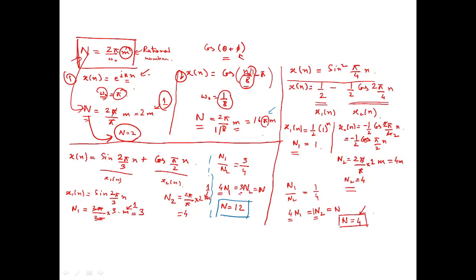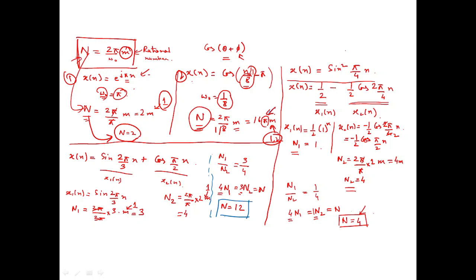Now if you see, if I put m equal to 1, 2, 3, whatever, this pi will be there, so N will not be a rational number. Hence the signal x[n] equals cos of n by 8 minus pi is an aperiodic signal.